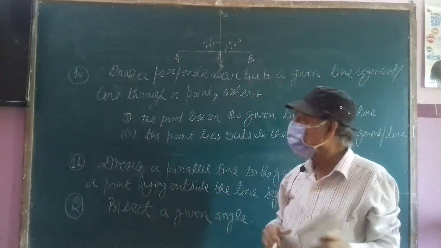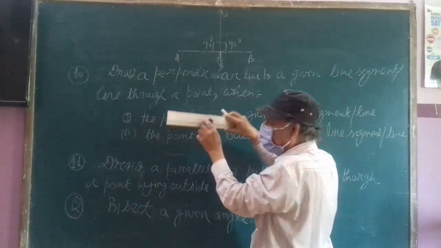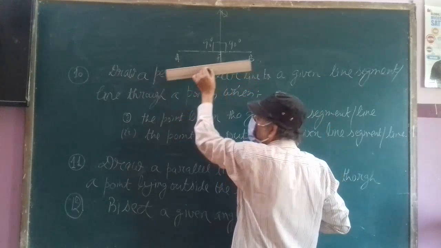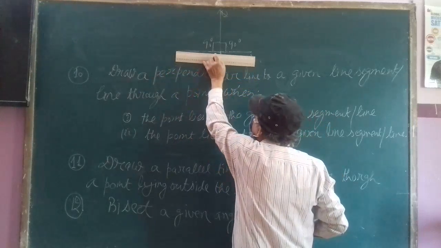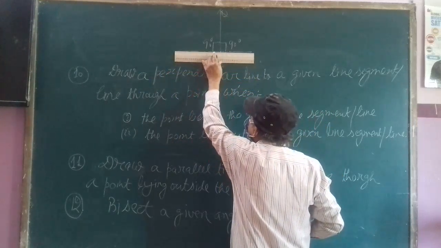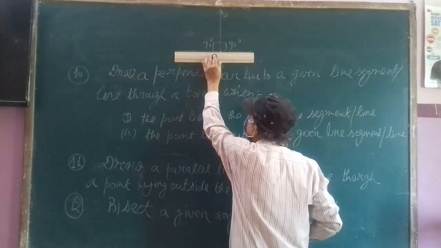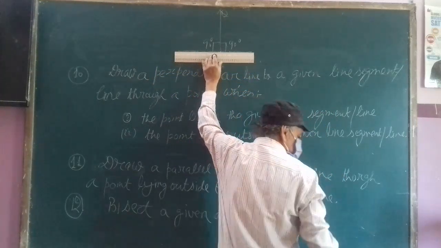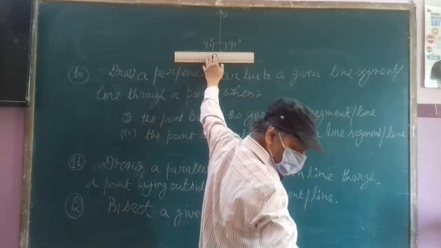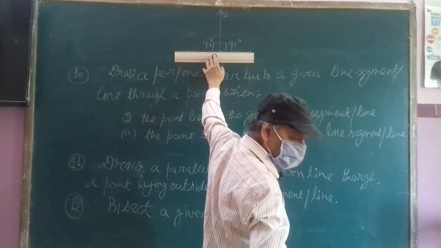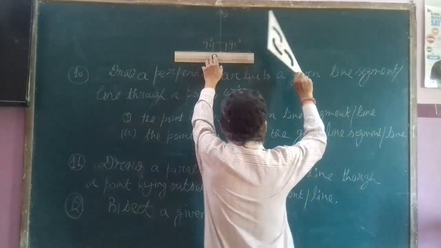How did we do it? Very simple. You have to align your scale. Take your scale in the left hand, and take any of the set squares in your right hand.